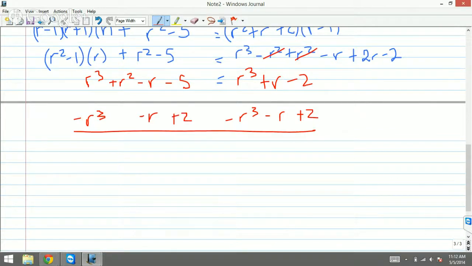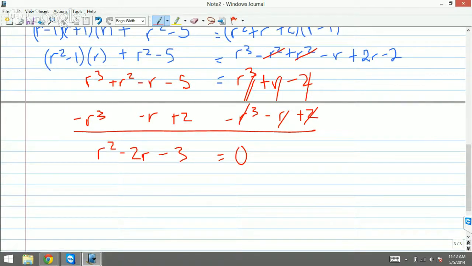I'm moving all this over. So the 2's canceled, R's canceled, R cubed, so I get 0. And then on the left side, I get R squared minus 2R minus 3.